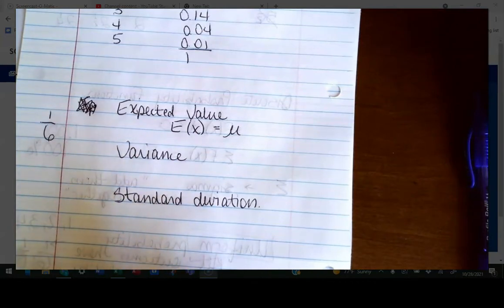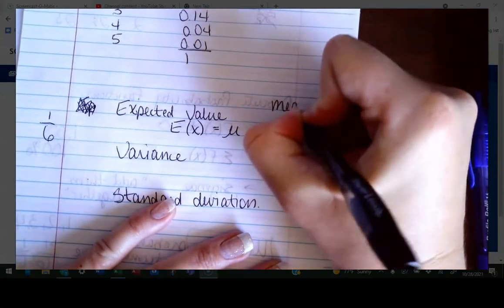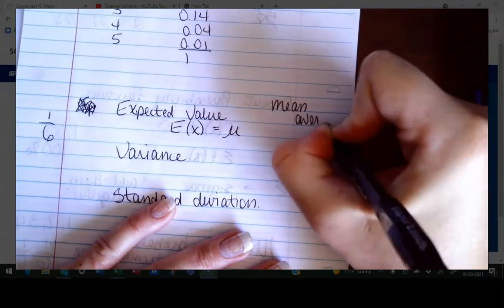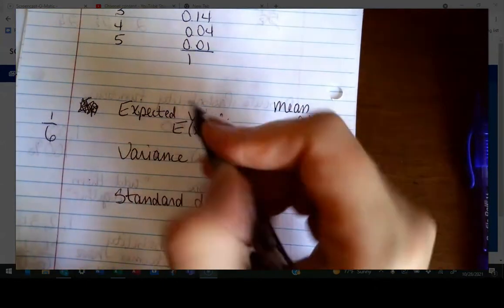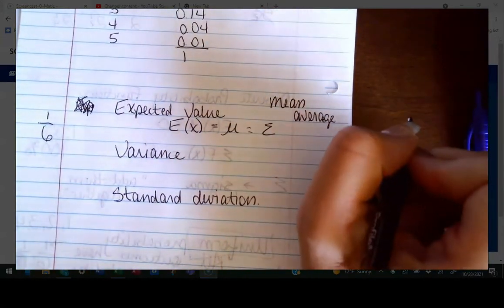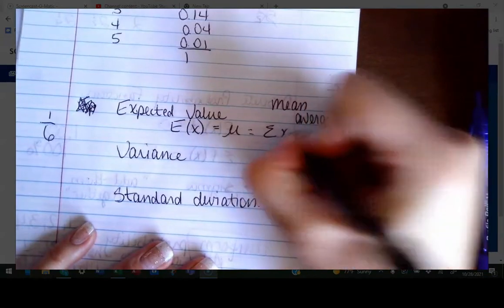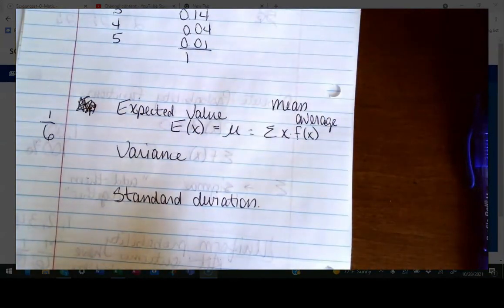That mu, remember, means the mean, the average. We've already done that before. The way I'm going to set this up is the sum of x times f of x. So that's how we're going to figure it out.